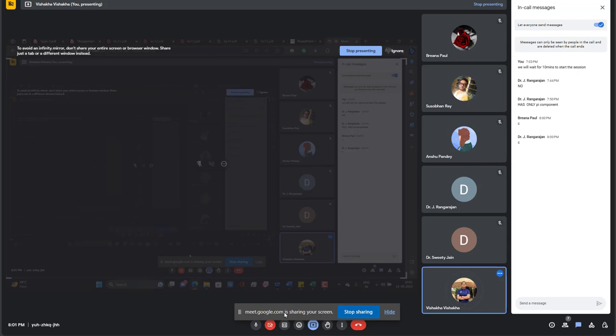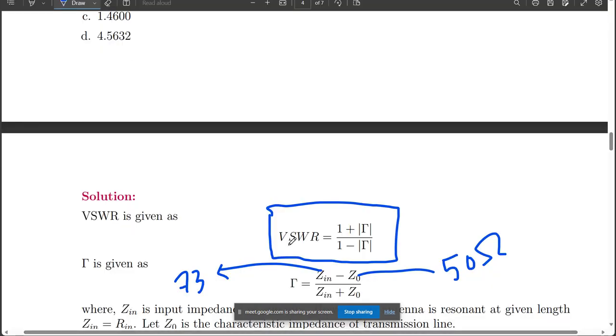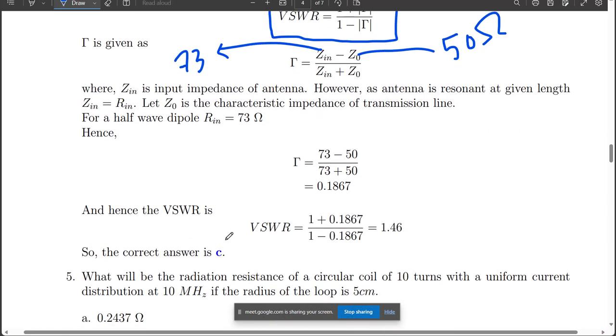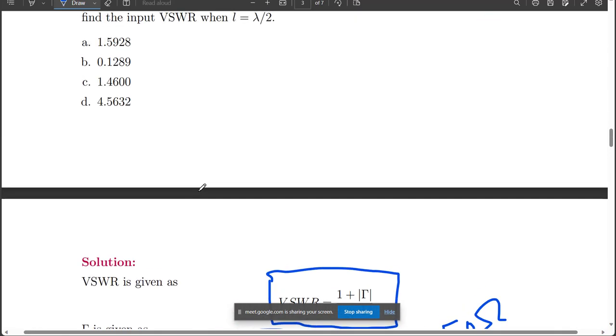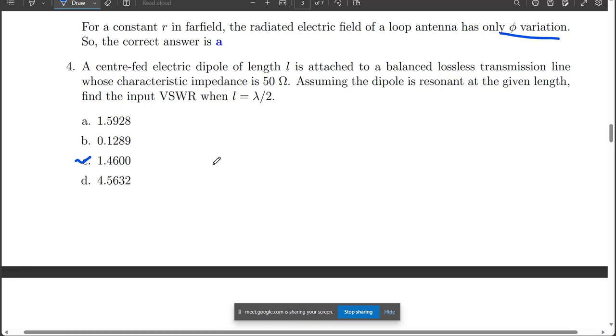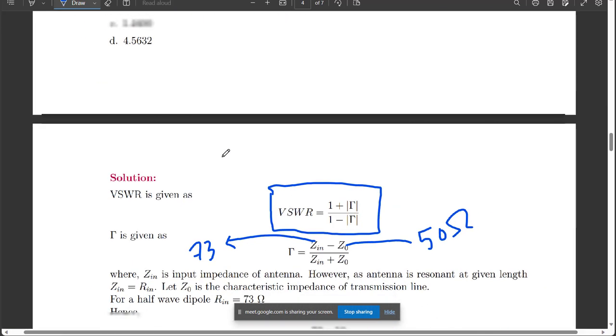Okay, yes, very good. So the correct answer is option C. Very good, all of you.